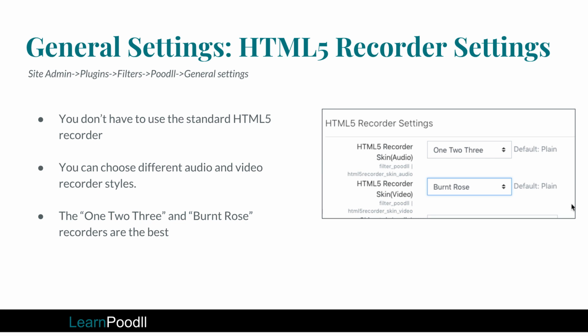However, in many cases, you'll want to choose a more attractive player, one that's a little bit more fully featured, and you can do that from the general settings page again under the HTML5 recorder settings. Probably the two best recorders would be the 123 recorder and the burnt rose recorder. When you get a chance, please go in and select those and then go and try them out and see what they look like, see how they work for you, and choose the one that you feel best suits your needs.